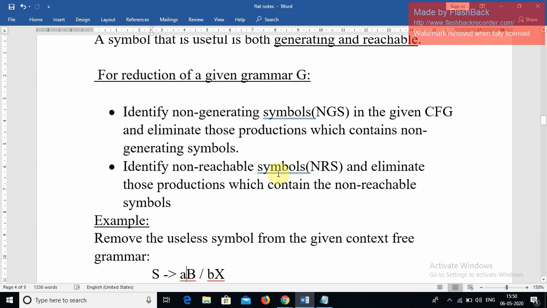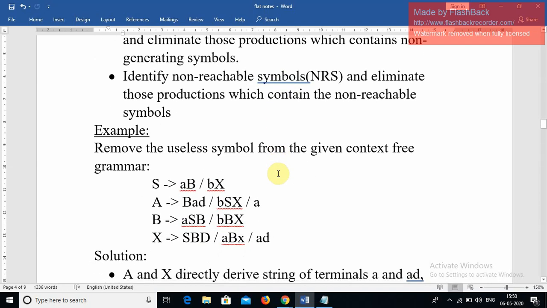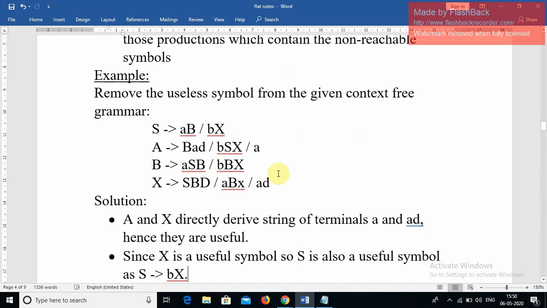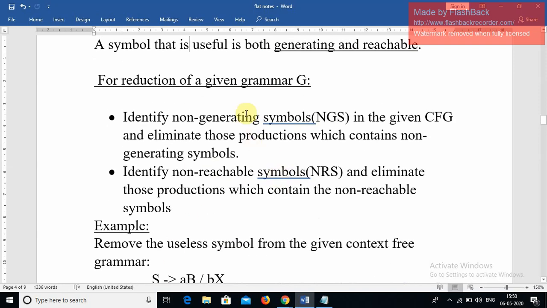Useless symbols means non-generating symbols as well as non-reachable symbols. What does a non-generating symbol mean? It doesn't produce any useful symbols. What does a non-reachable symbol mean? We cannot reach it from the starting symbol.